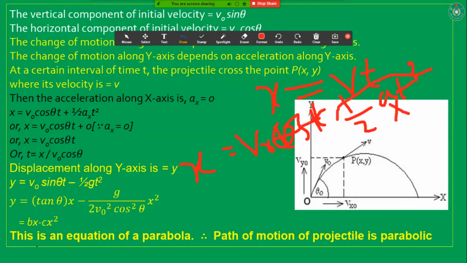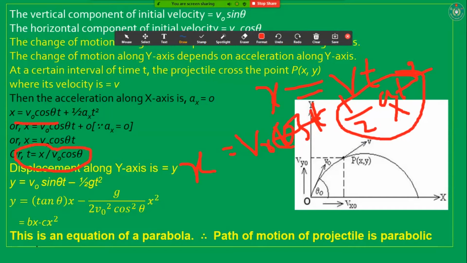So this term is neglected here. So we are getting x is equal to v naught cos theta t. From this equation you can find very easily t is equal to x over v naught cos theta.